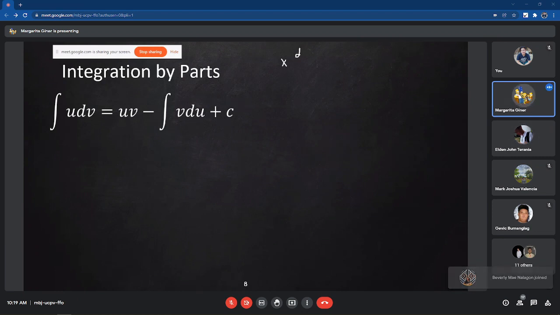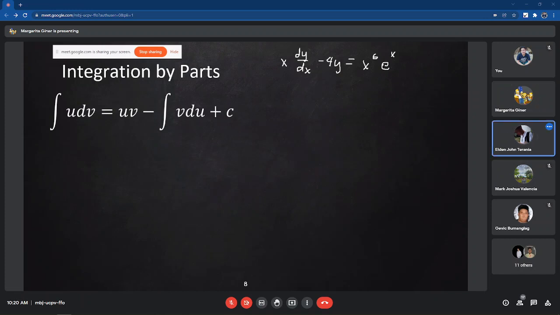Check, I already gave dy over dx minus 4y is equal to x to the 6 e raised to x. I already gave it. Check it so that you do not repeat. Okay, so one more example. Let me erase this.